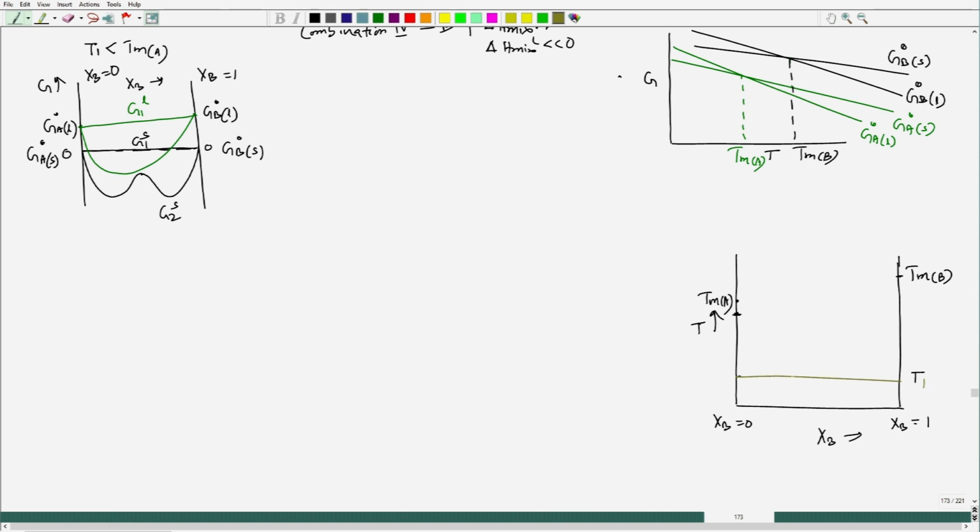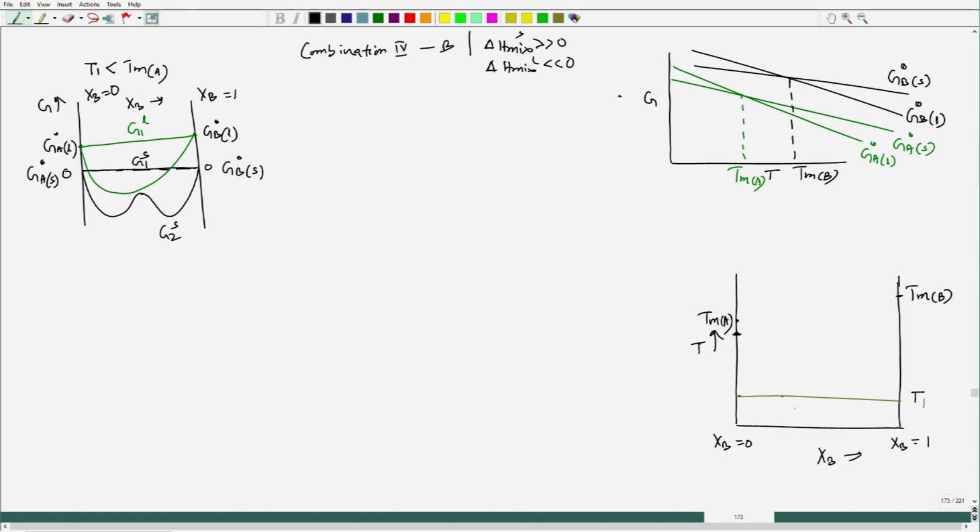So, now we see two terminal solid solutions, these two points. Now, as I increase temperature, I am going to T2, which is greater than T1, and Tm is still greater than T2.